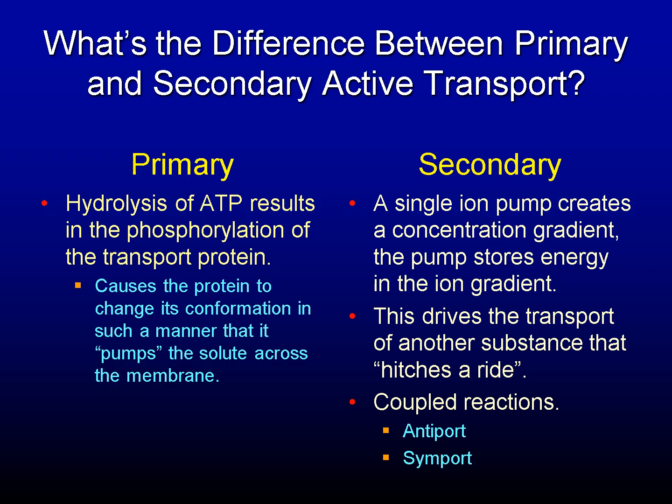If the carrier transports two substances simultaneously in the same direction, either both into or out of the cell, the system is called a symport: same, or together, port for transport. If the carrier transports two different substances in opposite directions, the system is called an antiport.